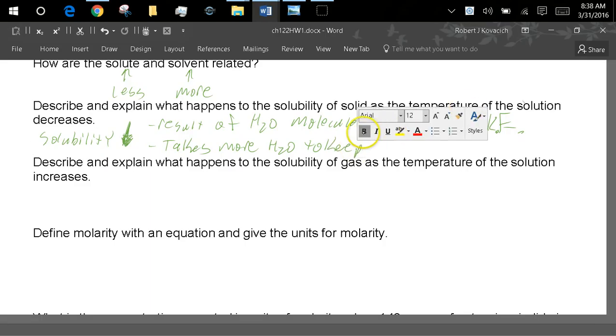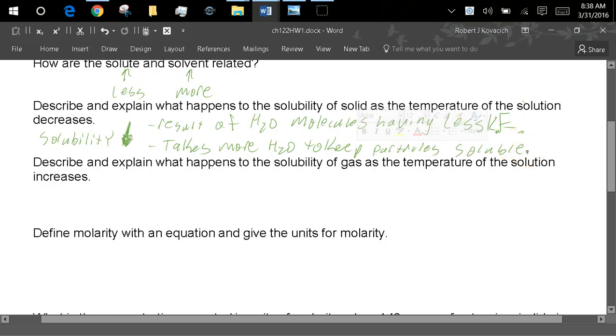Okay. How about the opposite? I'm going to increase the temperature, but we're now talking about gases. Say again?